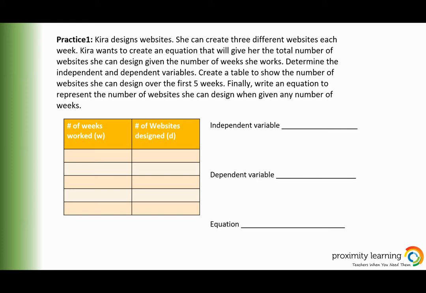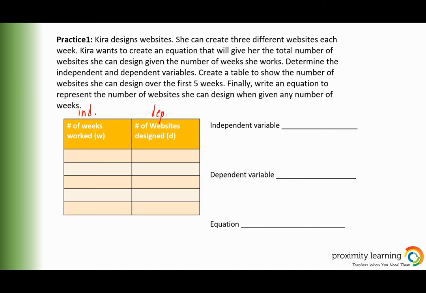Now, you're not always going to get this situation. However, one thing I do want to point out is anytime you're given a chart, your independent variable tends to always be on the left hand side, and your dependent variable tends to be on the right hand side. Just a little key point.